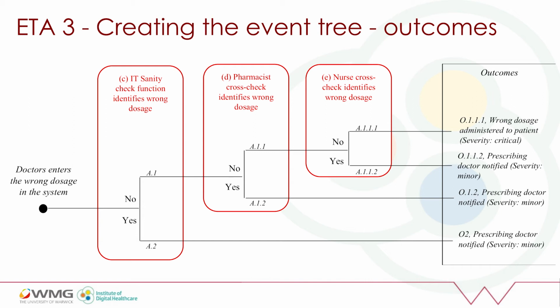Following listing of the risk controls, we then explore what will happen when the risk controls will work as intended and when they will not. By combining these two cases for all risk controls, we create a bigger tree. This tree will result in a number of outcomes based on the adverse event.